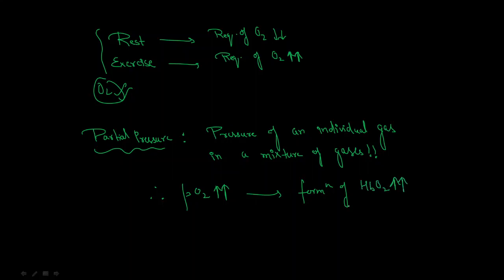Of course, because in the presence of a high amount of oxygen, the hemoglobin will catch a lot of oxygen, right? Its affinity will be towards oxygen. So partial pressure is the pressure of an individual gas in a mixture of gases, and if the partial pressure of oxygen is high, the formation of oxyhemoglobin will also be high.